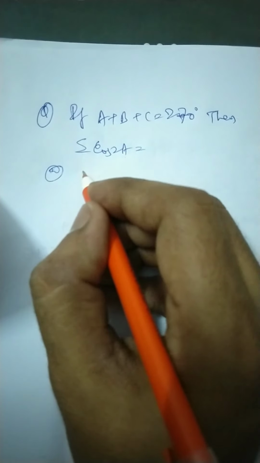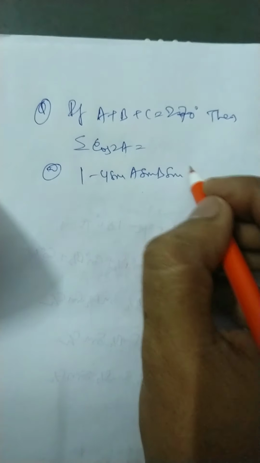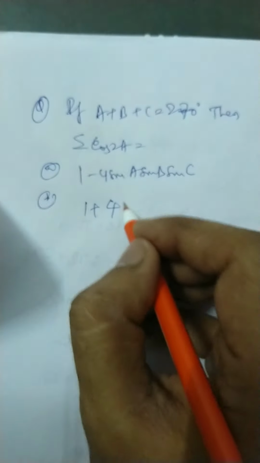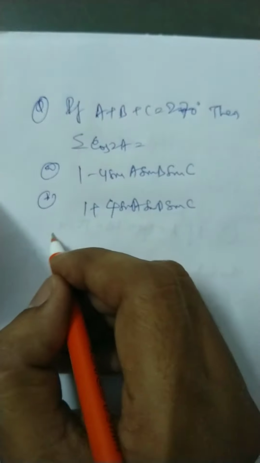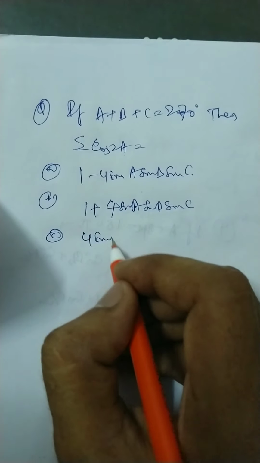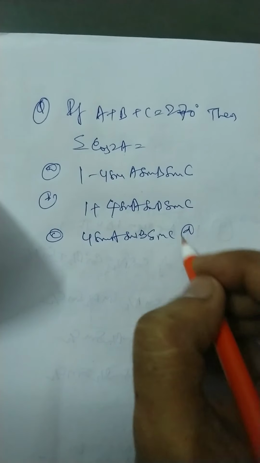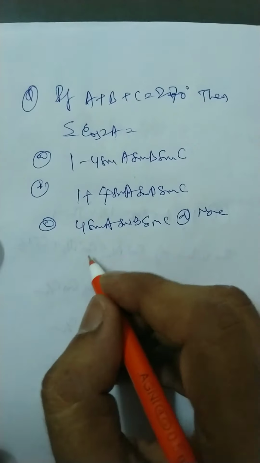The options are: option a, 1 minus 4 sin a sin b sin c. Option b, 1 plus 4 sin a sin b sin c. Option c, 4 sin a sin b sin c. Option d, none. Now here a plus b plus c is equal to 270 is given.